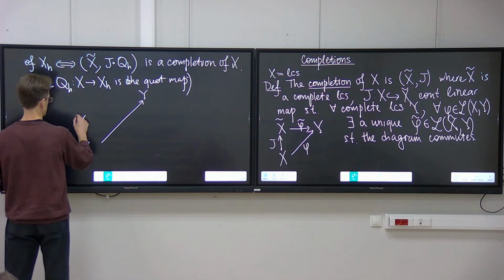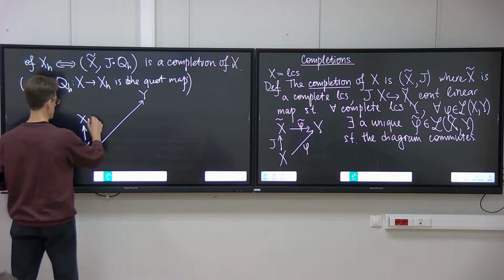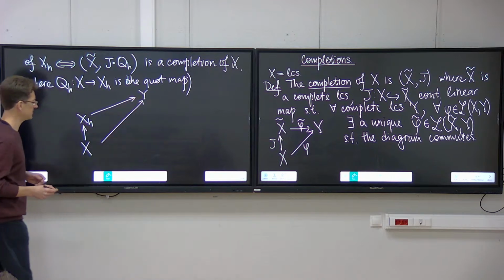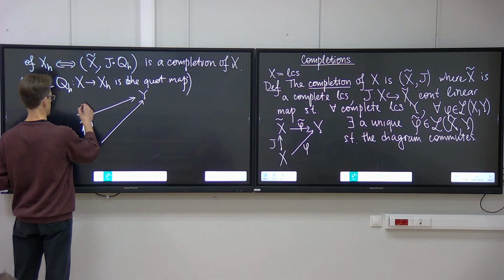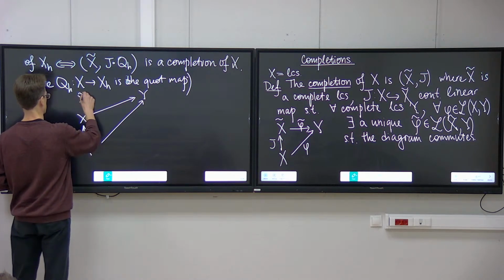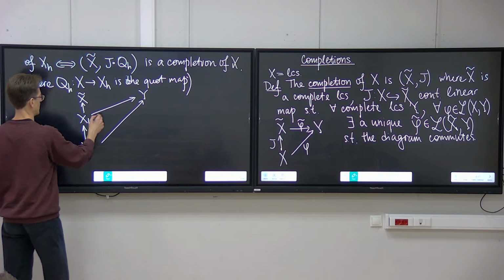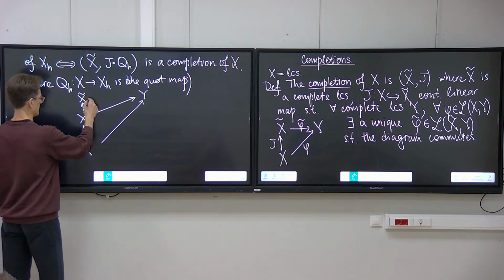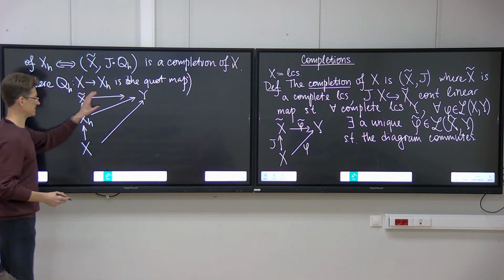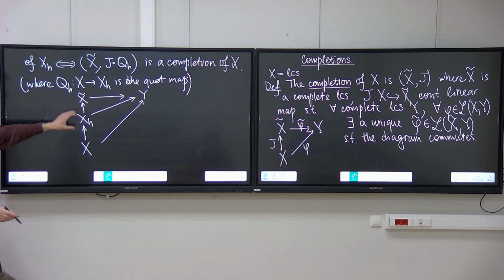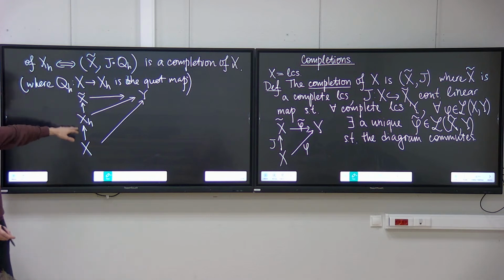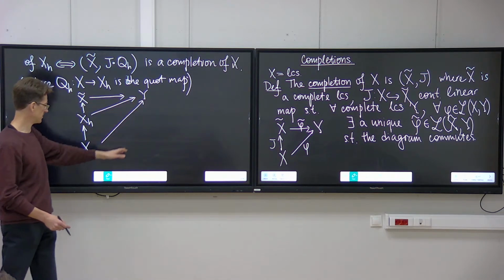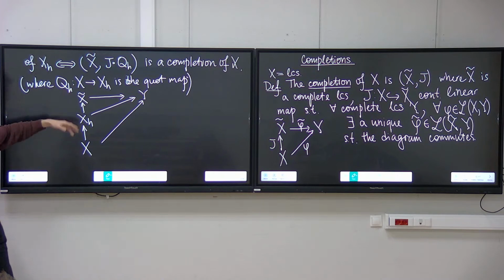Then by using the universal property of X_H, we factorize this map through X_H, and we get a map from here to here. And now, since X tilde was assumed to be a completion of X_H, we can further construct a map from here to here, such that the upper triangle is commutative. And as a result, if we now look at the whole picture, we see that X tilde will be a completion of X.